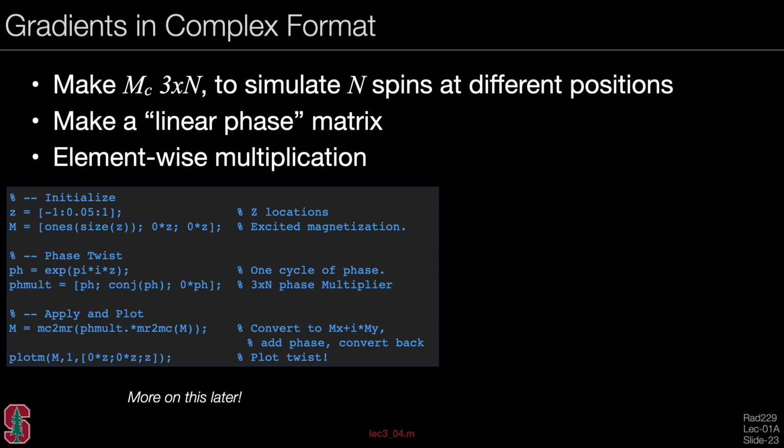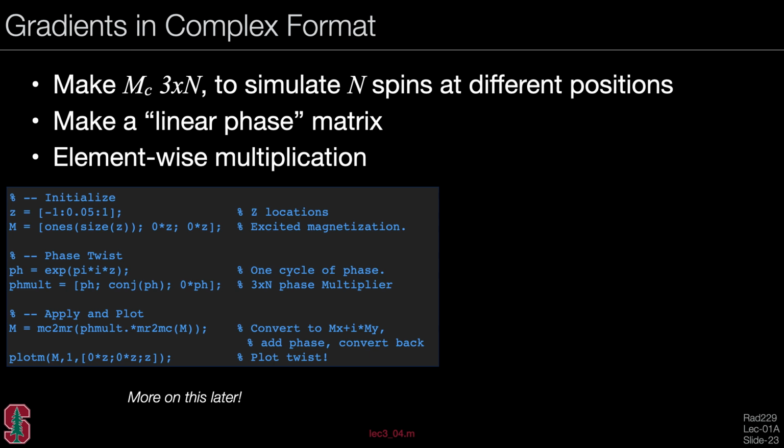Now we can just extend this phase multiplier and put it in the coordinates of the complex magnetization vector. So we multiply by the phase and the conjugate of the phase, and then we can multiply the last row by 0 here. We probably want to multiply this by 1 if we actually have longitudinal magnetization.